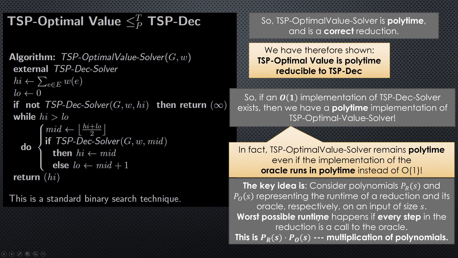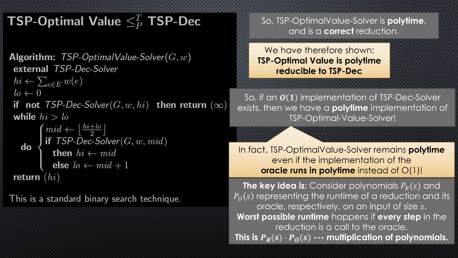And now the worst possible runtime, if we change TSP decision solver so it's not O of 1, now it's a polynomial, PO of s, would be this: everywhere we had an O of 1 step for TSP decision solver, we replace it with an O of some polynomial in the input.